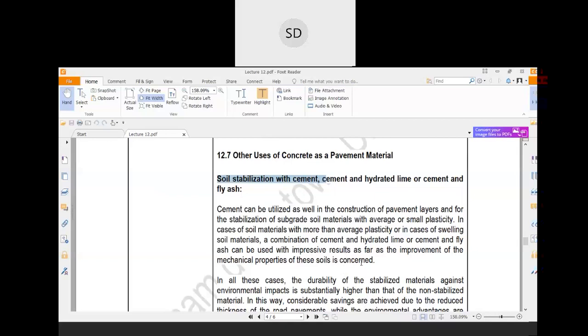Cement slurry means cement mixed with a high quantity of water, and you pump this mixture into your soil so that sufficient strength of the soil can be generated. This type of thing is called soil stabilization: how you stabilize an unstable or disturbed soil.